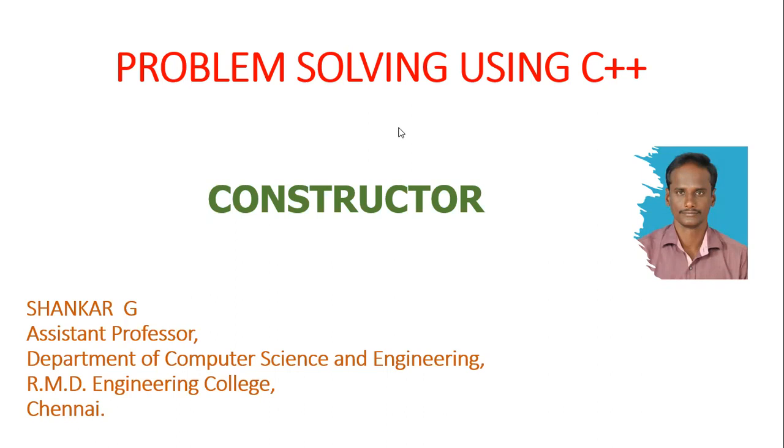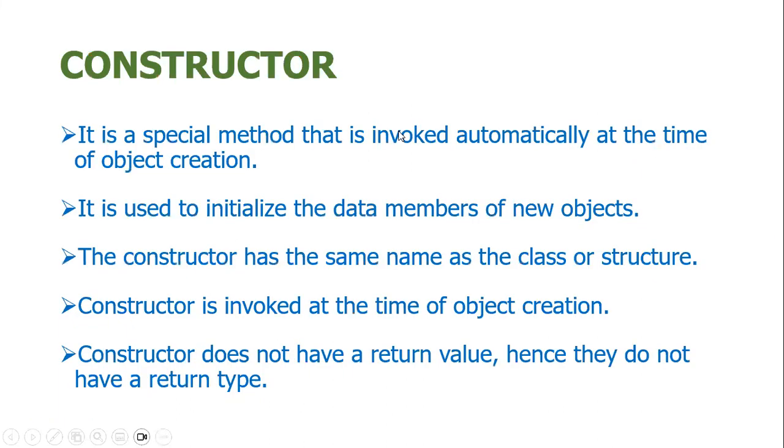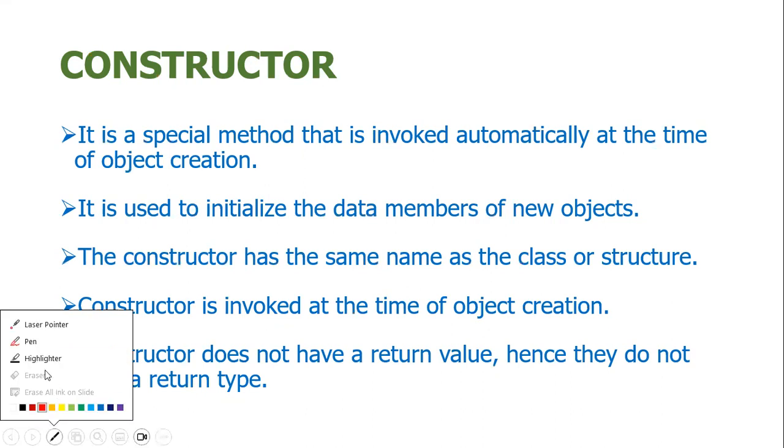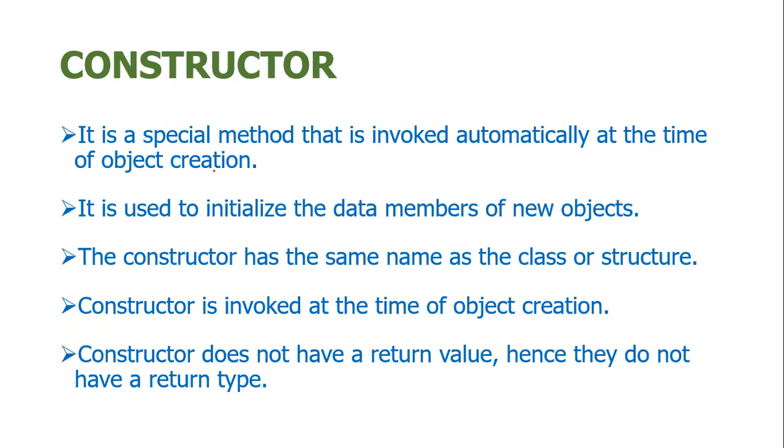Let's see what a constructor is. A constructor is a special member function, or we can say a special method, that is invoked automatically at the time of object creation. This is the definition of a constructor.